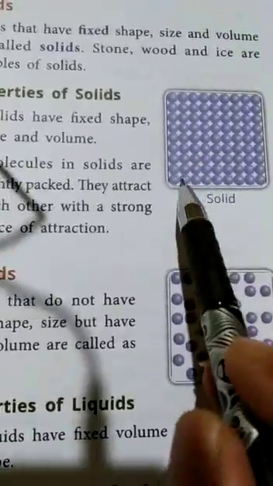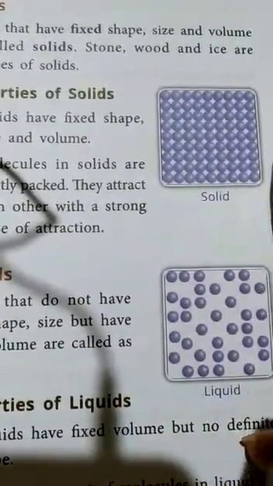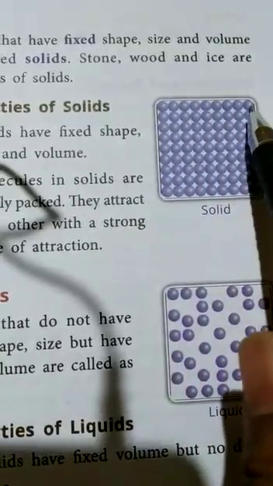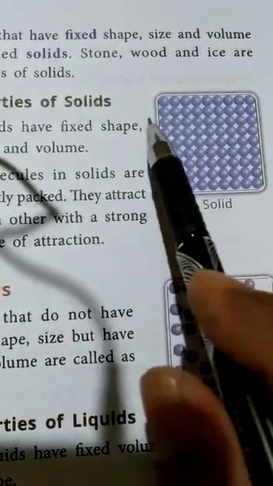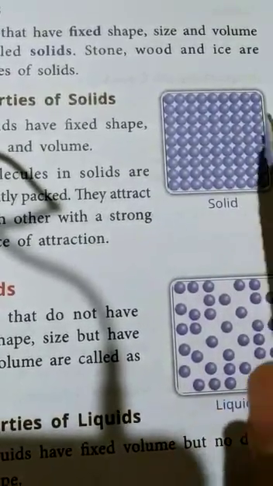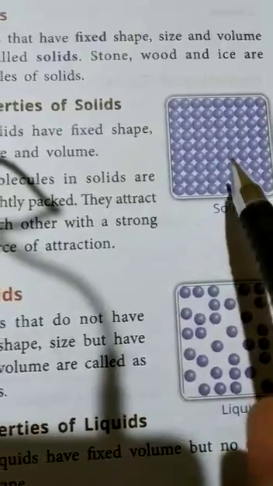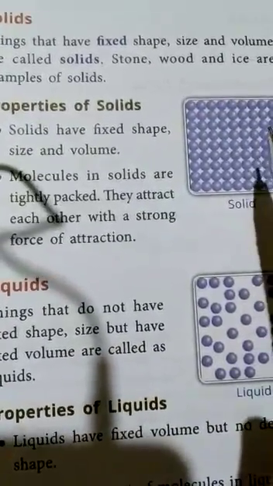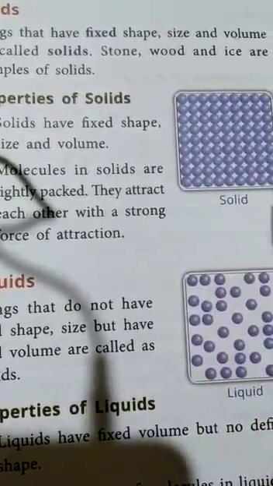So here, the solid state. As you can see in this picture, these are the molecules. You can see they are very closely packed. There is very little gap in between them. So this is the molecular structure of a solid.